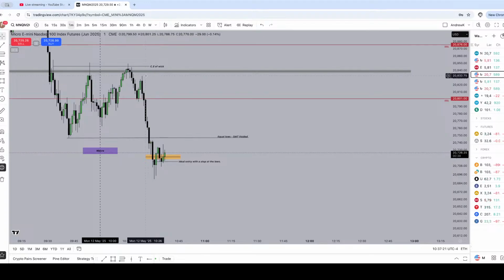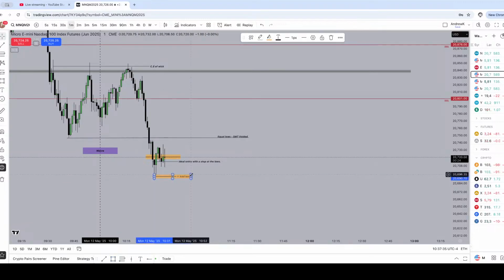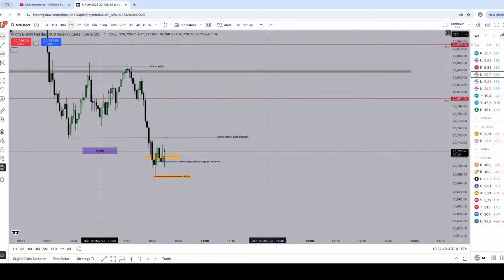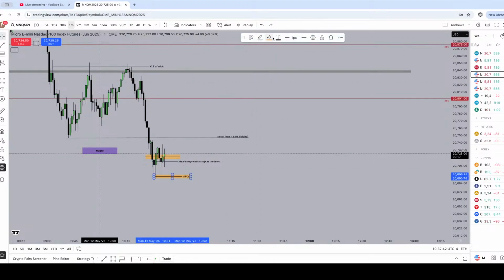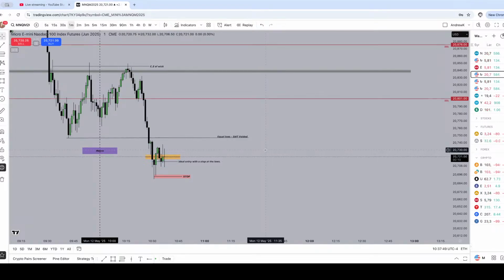It's fine if it even goes up there, but let me change that. My stop is going to be here.